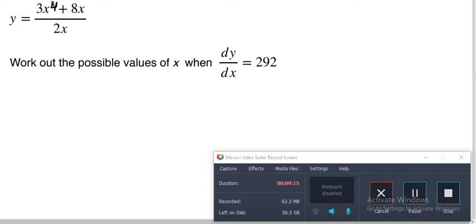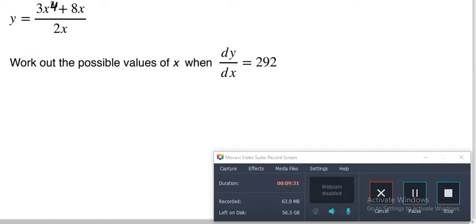Here it's the inverse. He gives the value of dy/dx and we want to find the values of x. But first we have to differentiate as usual. Here in this expression, y is the subject, x is the variable. Do we have root? No.